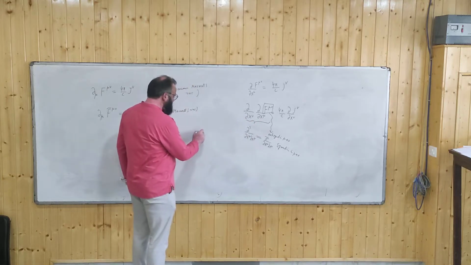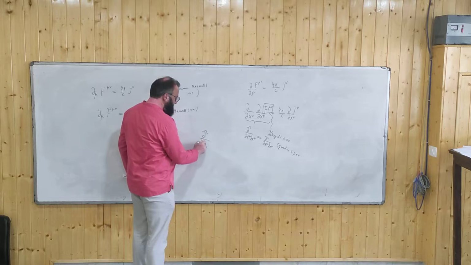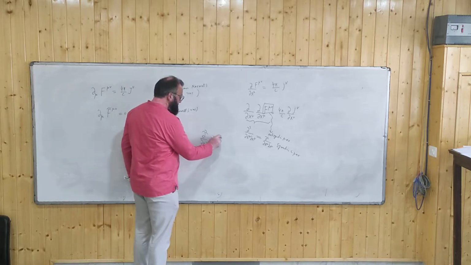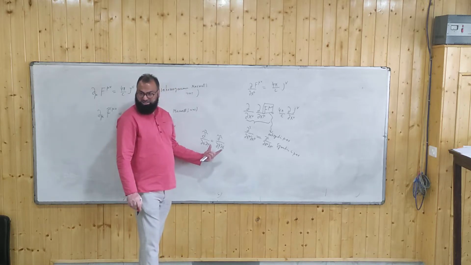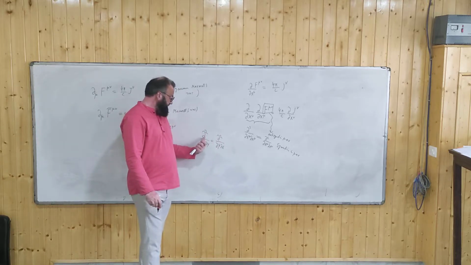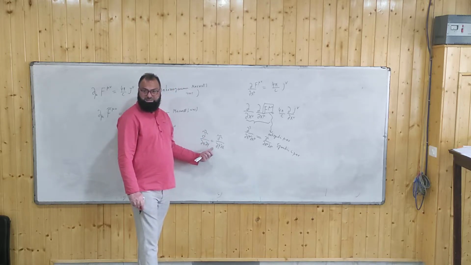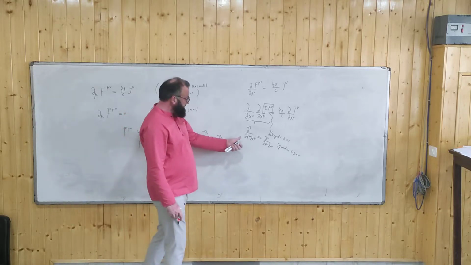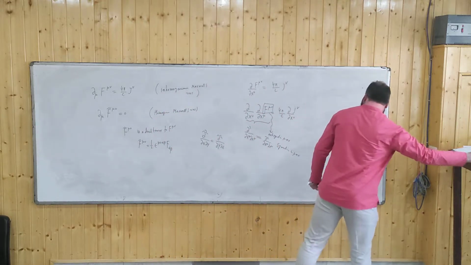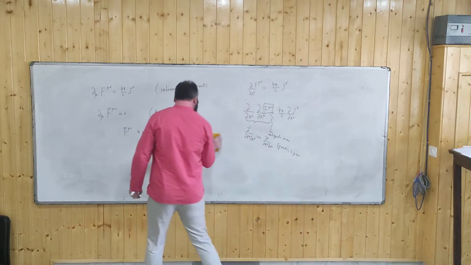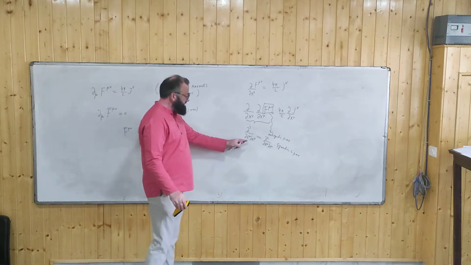Say partial x partial y is the same as partial y partial x. So this double derivative is symmetric under the exchange of x and y. Similarly here, so this object is symmetric in mu and nu.